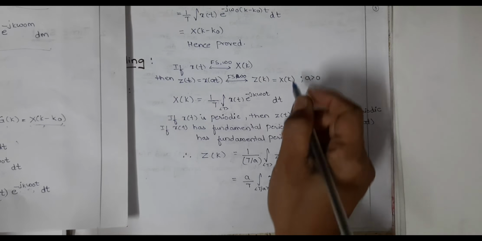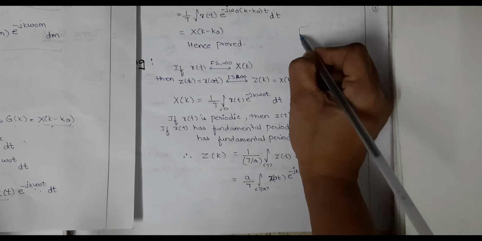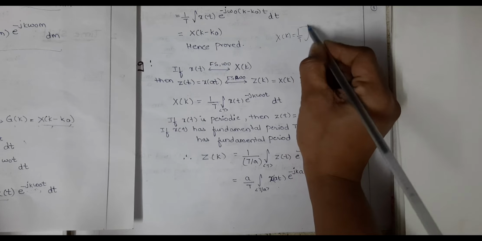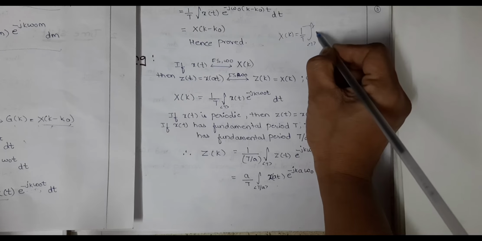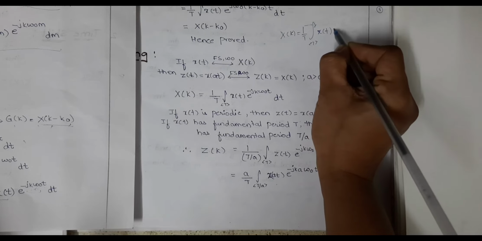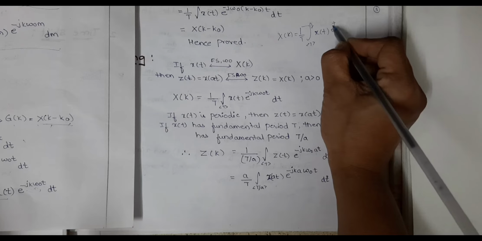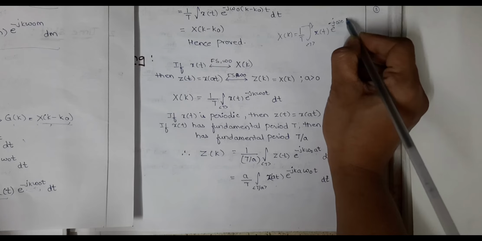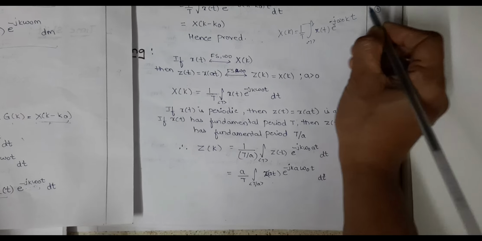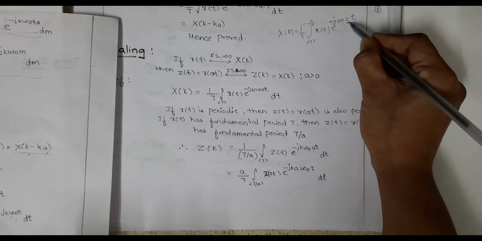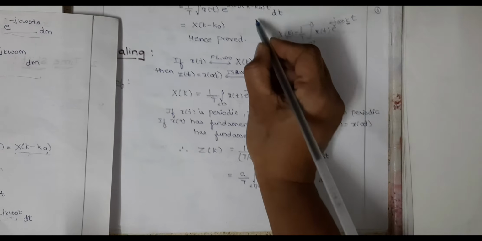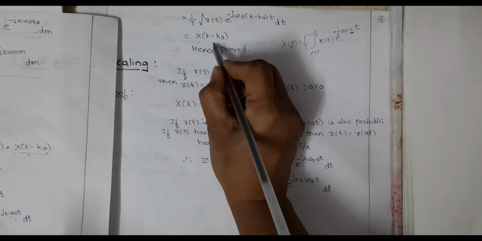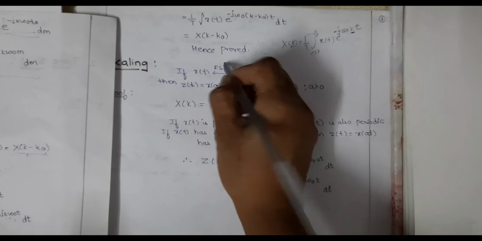So in the formula, it is nothing but x of k is equal to 1 by T integration between the limits x of t e raised to minus j omega naught k into t, where here it is k minus k naught, therefore x of k minus k naught, hence proved.